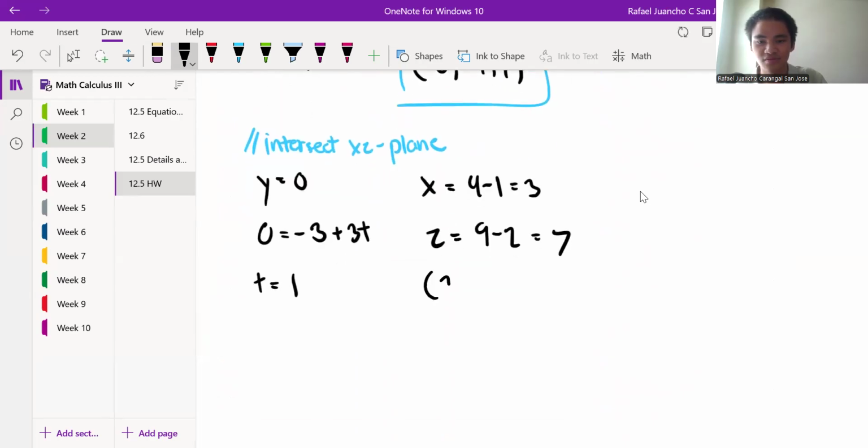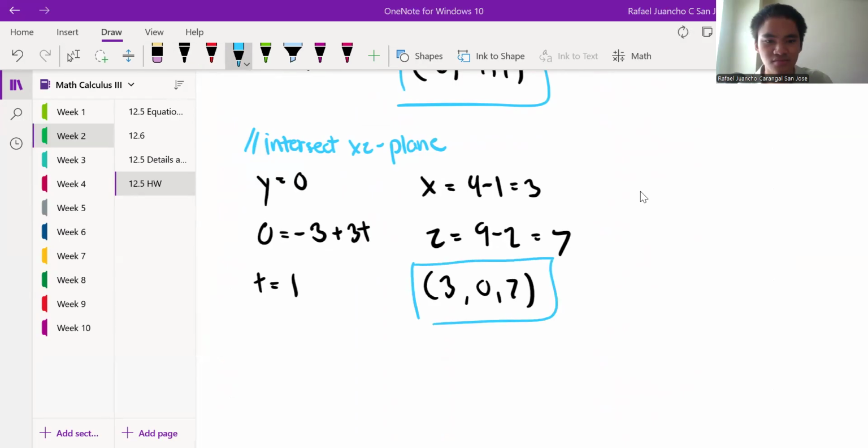And so a point in the plane could be 3, 0, 7. Right? We have 3, 0, 7. Okay. 2 more items to go.